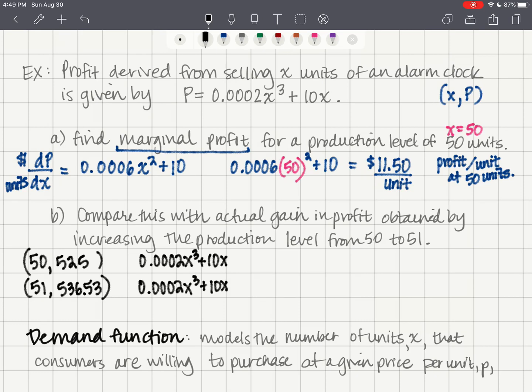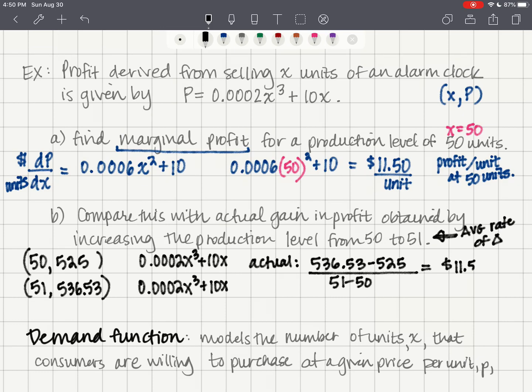So your actual going from 50 to 51, this is just an average rate of change. Delta means change. So your actual is 536.53 minus 525 over 51 minus 50, which is $11.53 per unit.